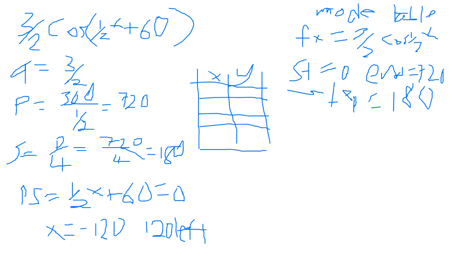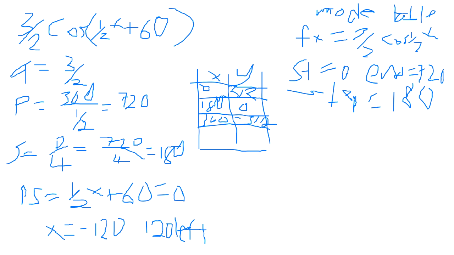The first point is 0. When it's 0, you have 3 over 2. The next one plus the step, you are going to get 180. When it's 180, you are going to have 0. The next one will be 360. When it is 360, you have negative 3 over 2.